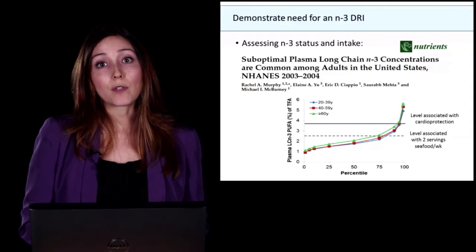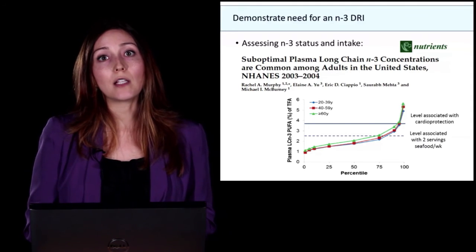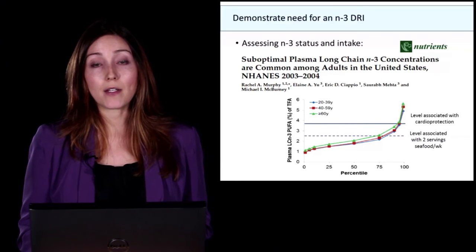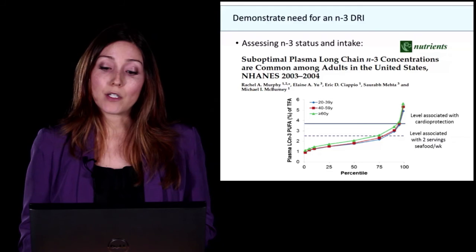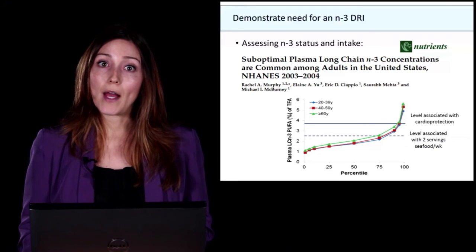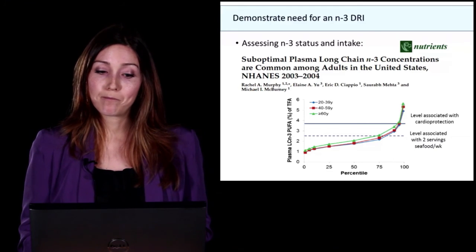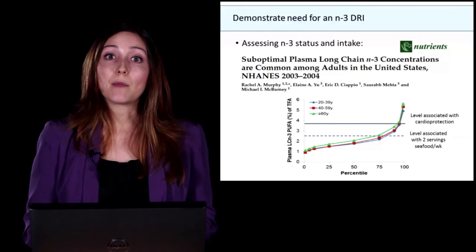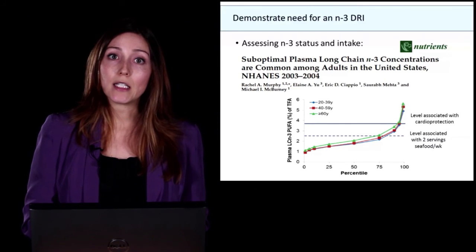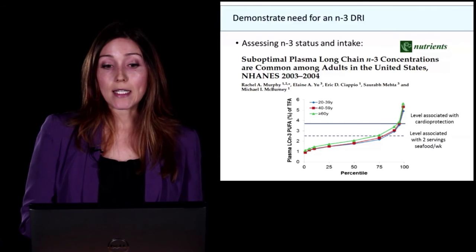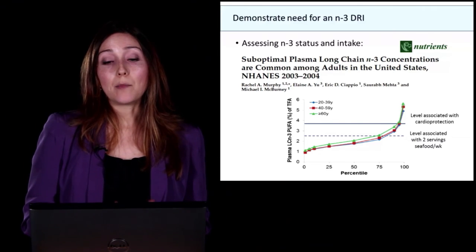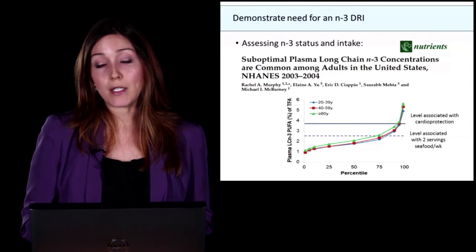So you can see that over 75% of individuals have levels below that recommended by the dietary guidelines. And over 95% of individuals have levels that are below that associated with cardioprotection. So thus, this epidemiologic data really shows the need for intake to be increased in the United States and provides impetus for revisiting the omega-3 DRI.